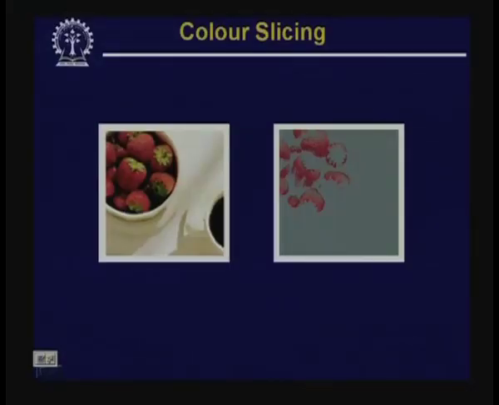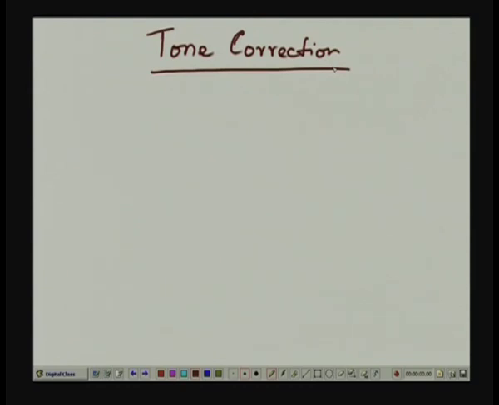The other kind of application of this full color image processing is correction of tones, or tone correction. Now, again I can find an analog in the intensity image, in the simple black and white intensity image, where we have said that an image can be low contrast, it may be dark, it may be light or bright, depending upon the distribution of the intensity values.